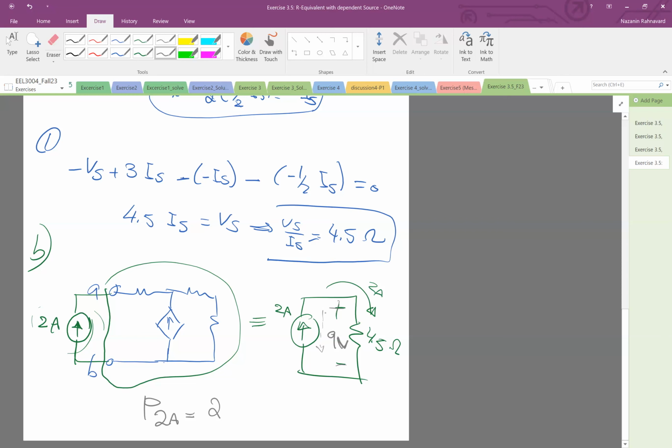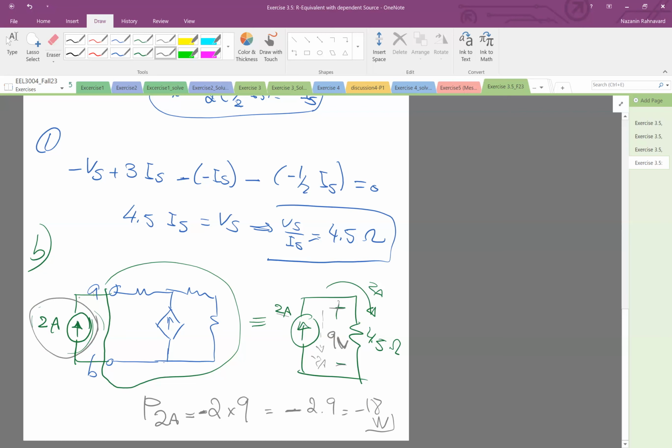So either you can say, okay, therefore negative 2 amp is going there, so negative 2 times voltage 9. Or you could say, it's not a passive sign convention, so you start with negative, then current times voltage. So anyway, it becomes negative 18 watts. So this is the power that the 2 amp source generates.